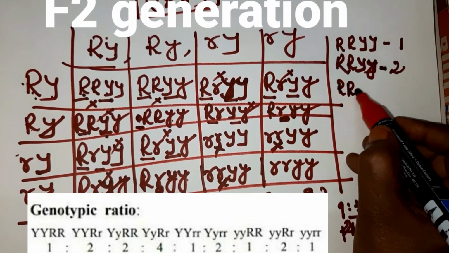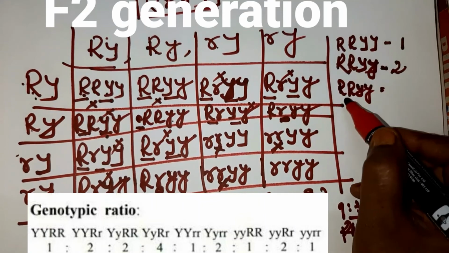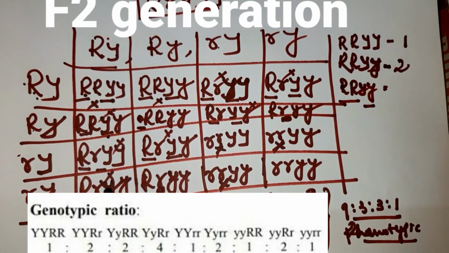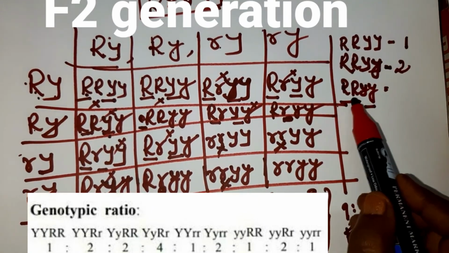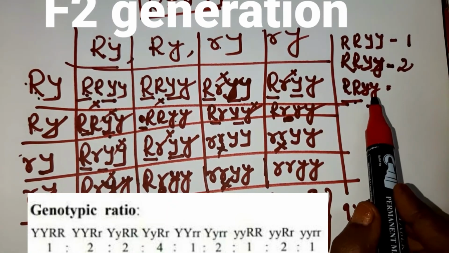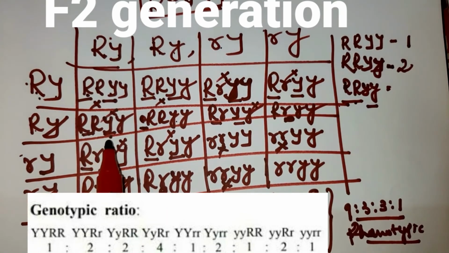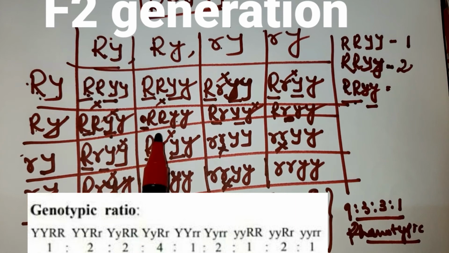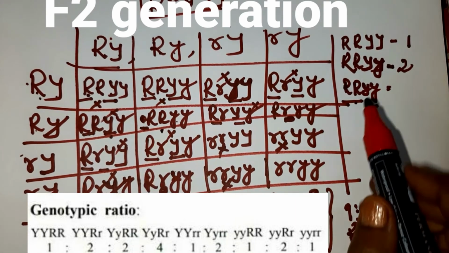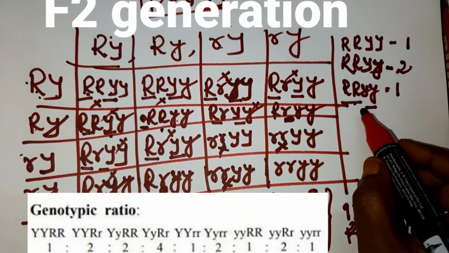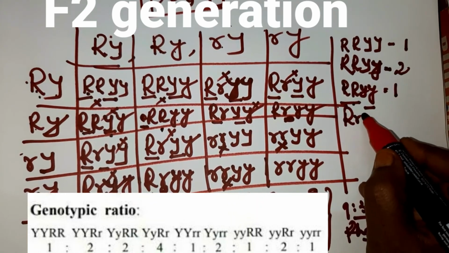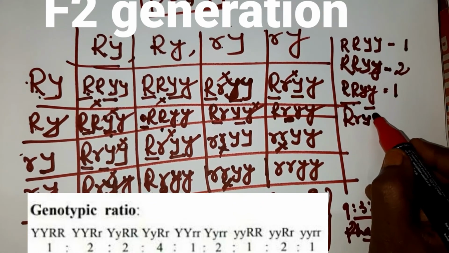Capital R, capital R, capital Y, capital Y. So round and yellow, children. Capital R, 2 capital R's. That means totally round. So here, children, you have 1. So like this, if you go on writing, children, capital R, small r, capital Y, capital Y.